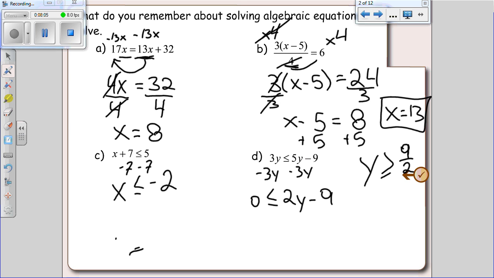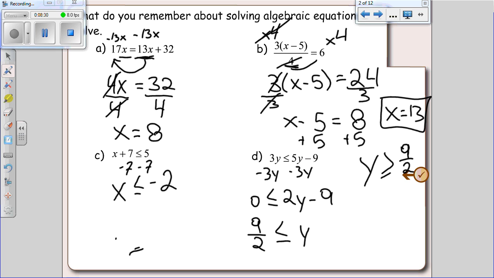So add 9, then divide by 2. And I'll get 9 over 2 is less than or equal to, sorry, just y, because I divided by 2. So it's the same thing. That's why we put this on. If you did it the other way, without dividing by a negative, you still get the same answer. It says y is greater than or equal to 9 over 2.